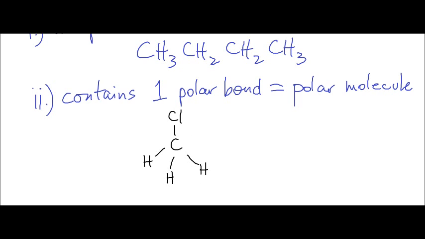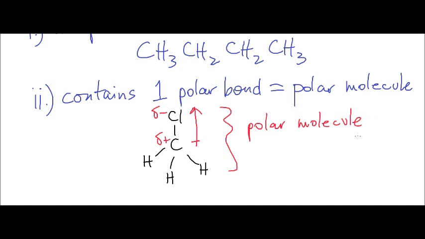As we said before, the carbon is slightly positive, the chlorine is slightly negative, so the polarity is going from positive to negative. We have one polar bond. The hydrogen bonds are non-polar, but this whole molecule, because the polarity is going in one direction and not counteracting, is referred to as a polar molecule.